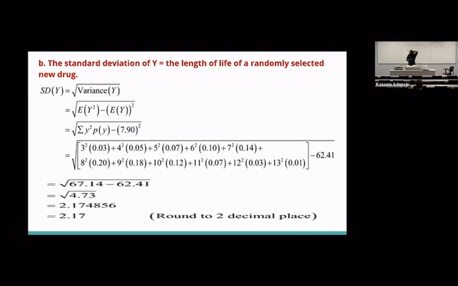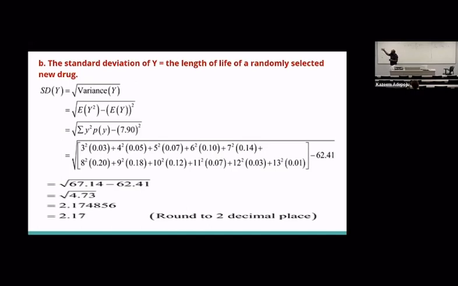Therefore, the reason we need standard deviation is to have a metric of evaluation that has the same unit as the mean. And if I want to remove the square in variance, what am I going to do? I'm just going to take the square root. The square root is going to take the square away. And that's exactly what I'm doing here.